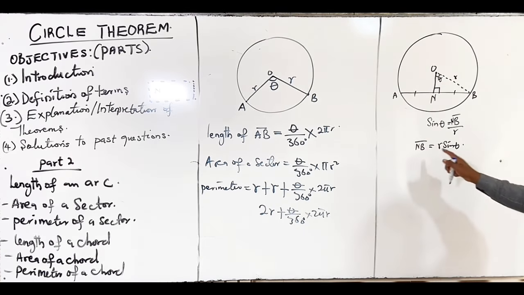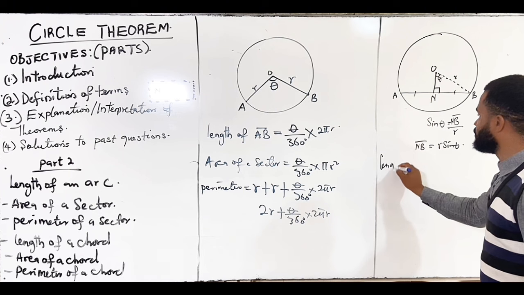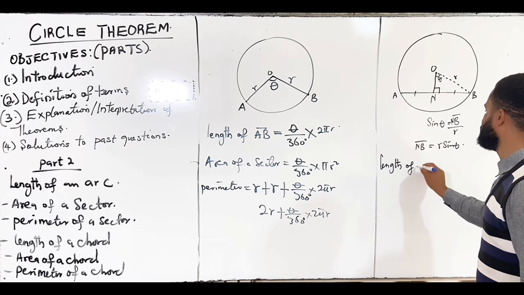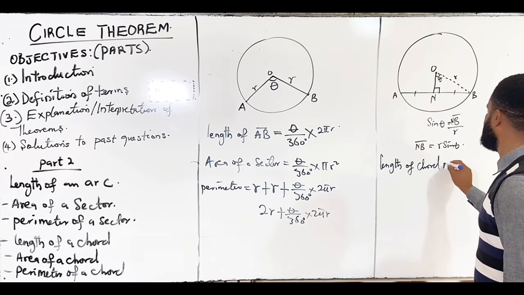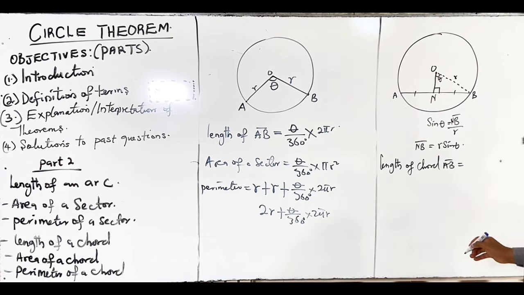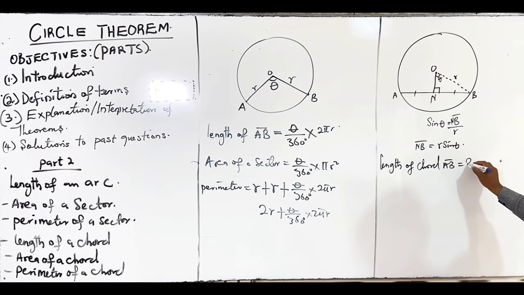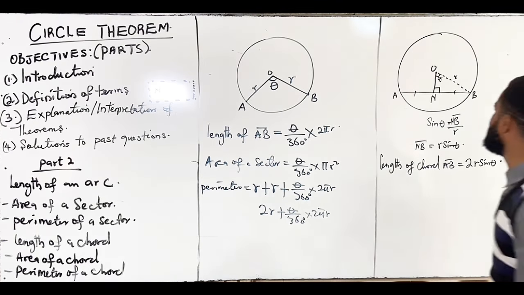All right, so therefore, the length of the chord AB is equal to 2r sine theta.